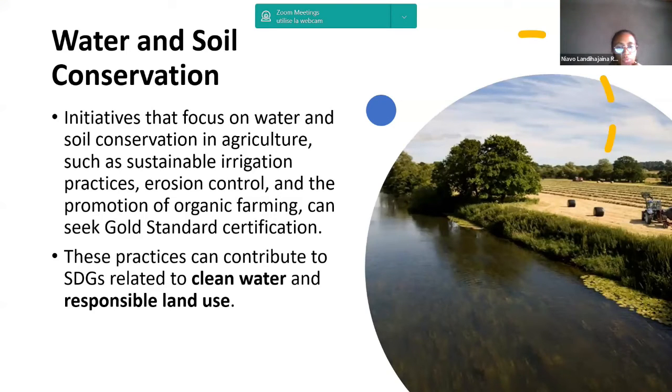Initiatives that focus on water and soil conservation in agriculture, such as sustainable irrigation practices, erosion control, and the promotion of organic farming, can seek Gold Standard certification. These practices can contribute to SDGs related to clean water and responsible land use.